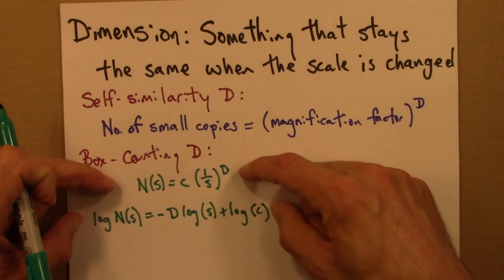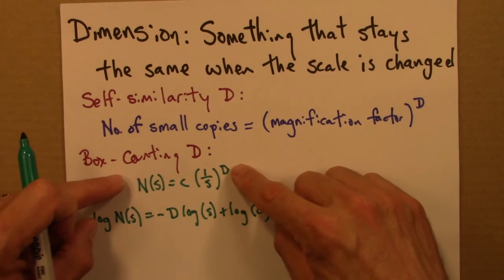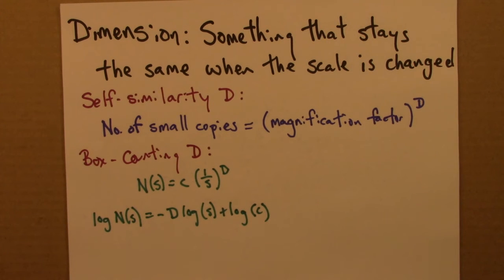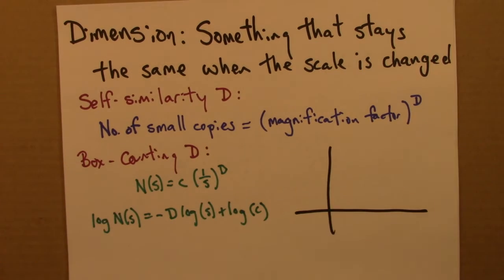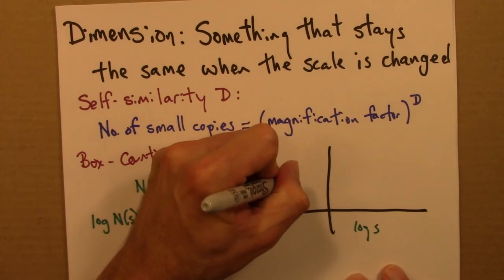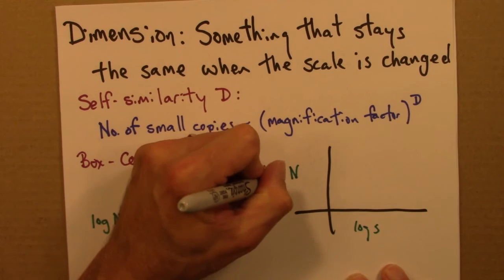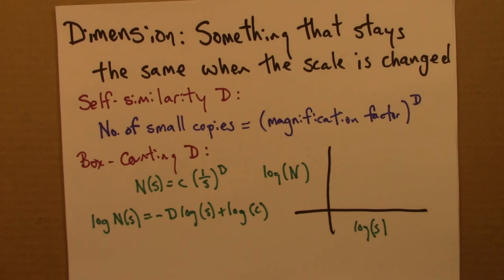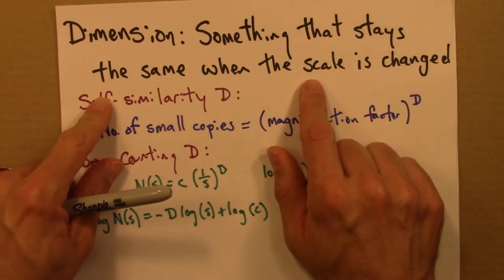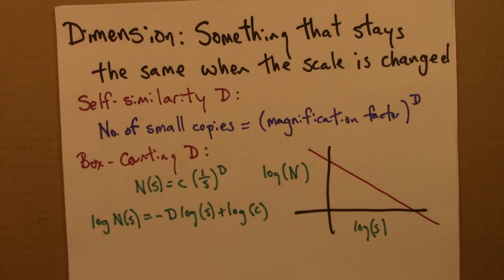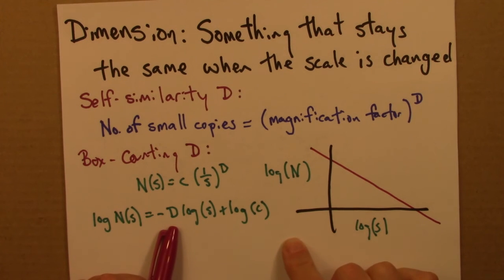Again, these 2 equations are exactly the same. They've just been manipulated. This has had its log taken and simplified a little bit. So we can make a plot, and we did this some, of log s and log N, and if there's something that stays the same when the scale is changed, then this is going to show up as a line, and we would have a constant slope D.